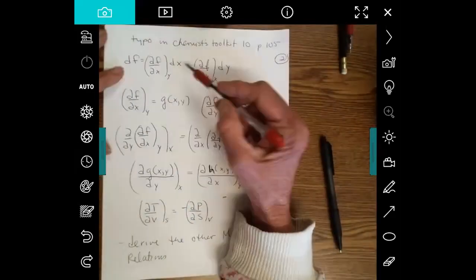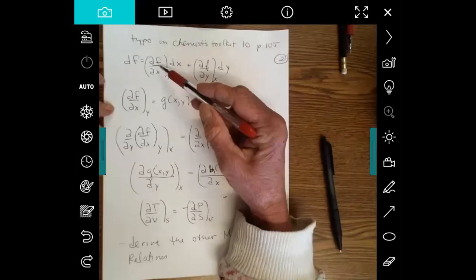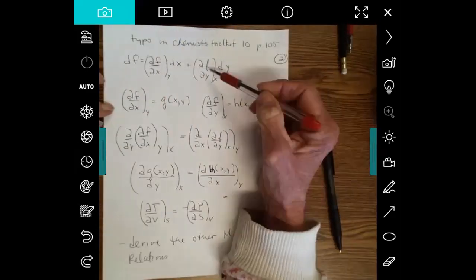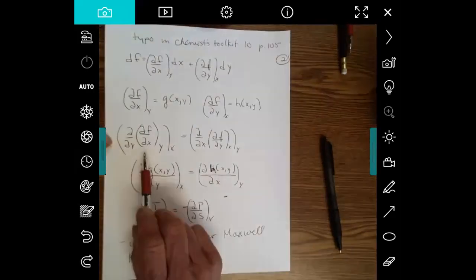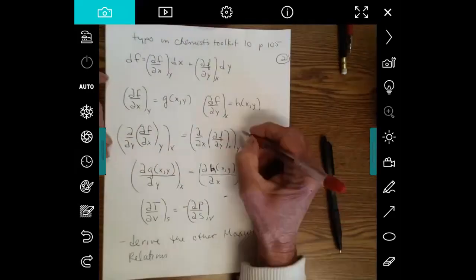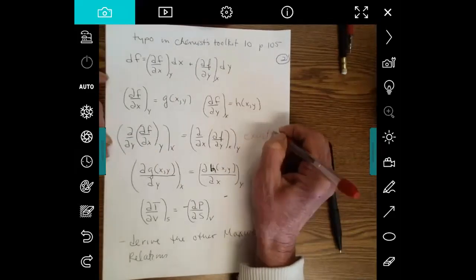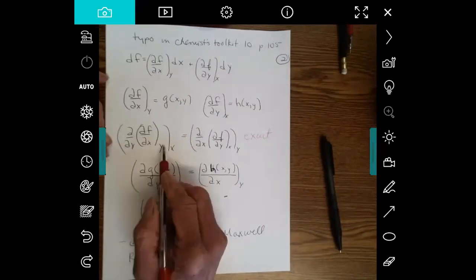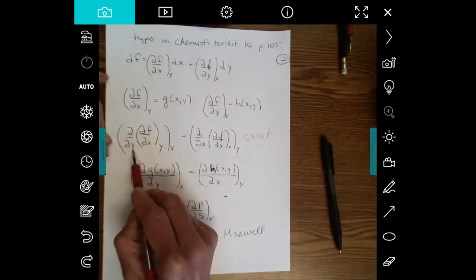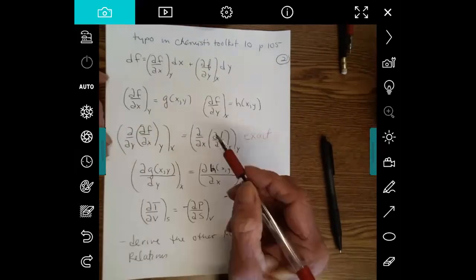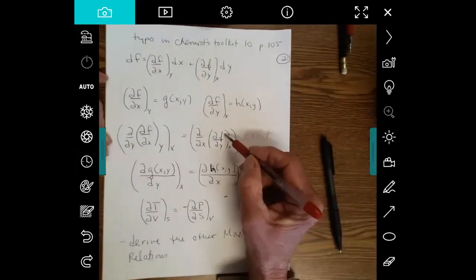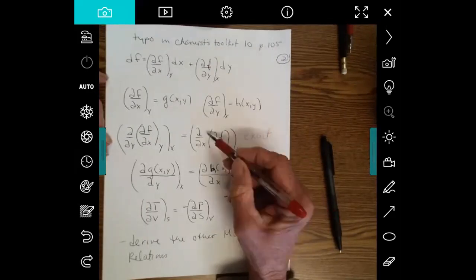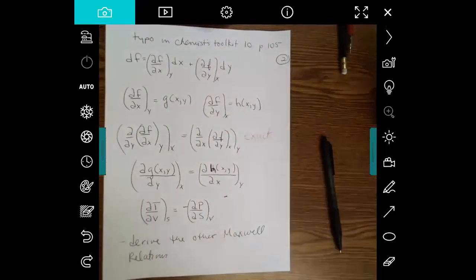When we write its total differential, we notice that each of these partials is some function of x and y in general. And because it's an exact differential, if we take the first derivative with respect to x, holding y constant, and then take the derivative with respect to y, holding x constant, that has to be equal to doing it in the opposite order: change this function with respect to y, holding x constant, and then change x, holding y constant.